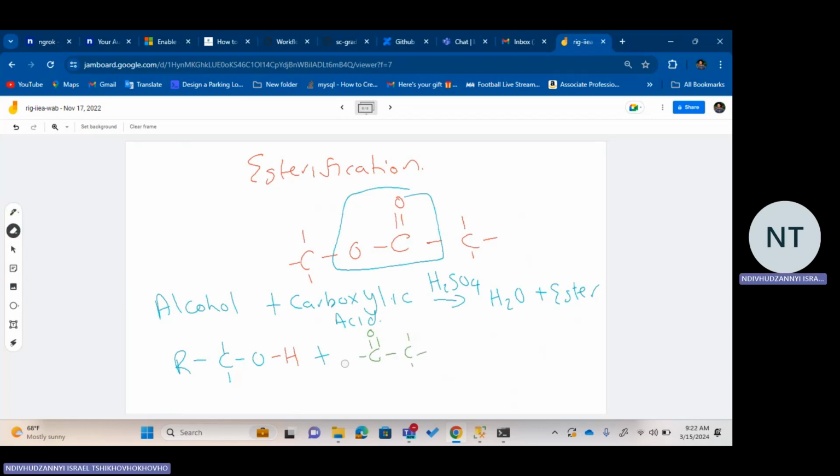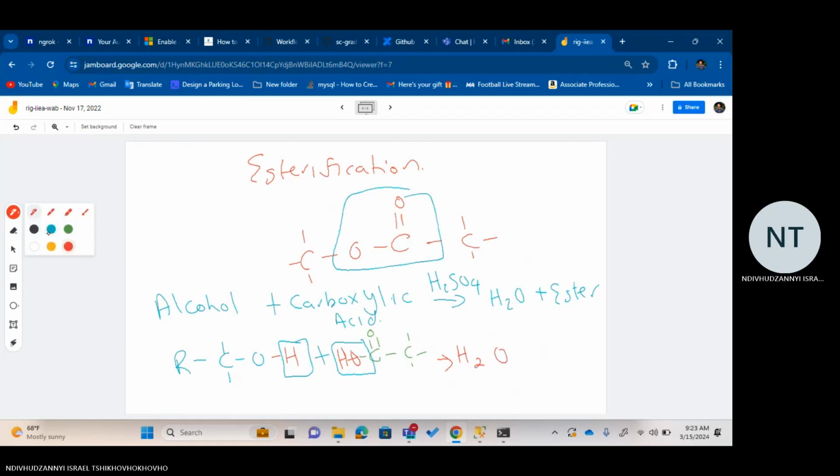For this one, you'd see that I'm using the same color to show that OH and OH bonded to form water. So that's what's going to happen. So this is the diagram, visual representation of what's going on. So these two will join and form water. And the rest will join to form an ester.